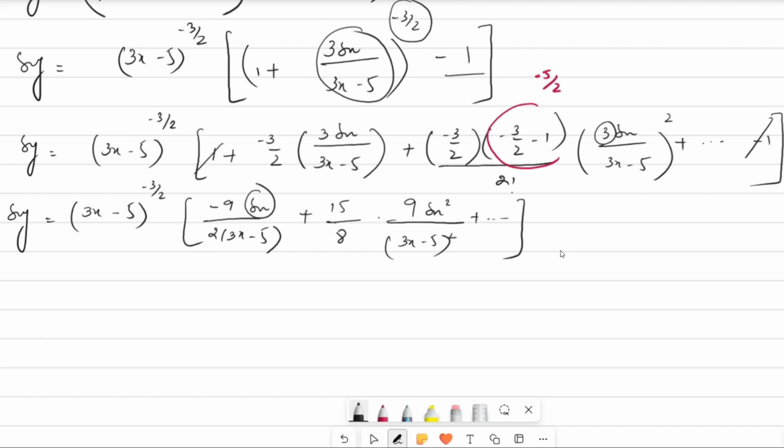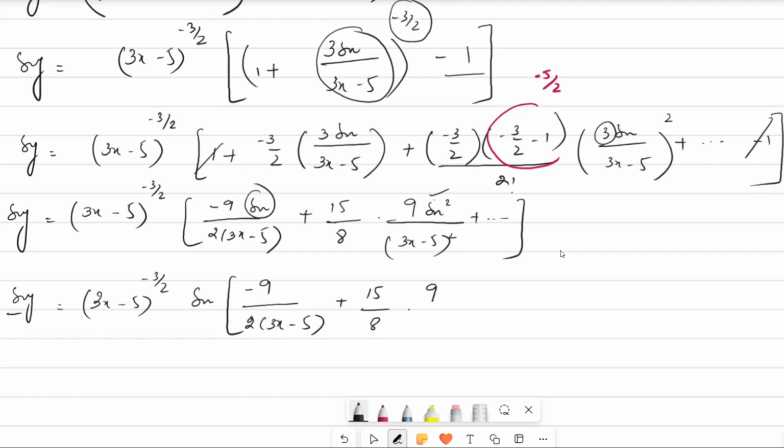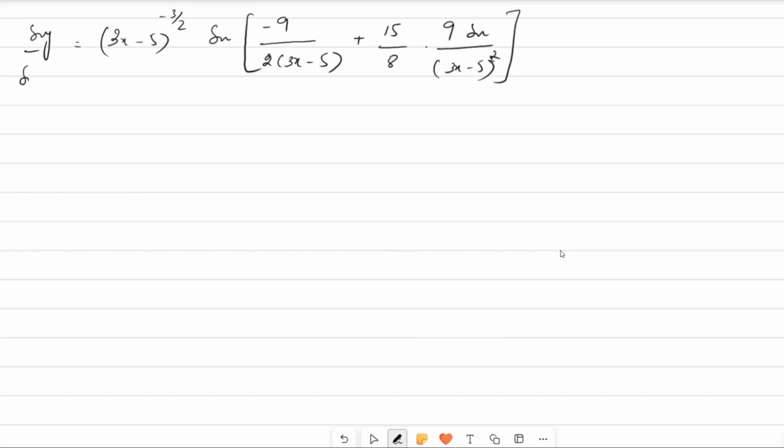Now if we take this delta x common, the remaining will be minus 9 upon 2 into (3x - 5) plus 15 upon 8 into 9 delta x by (3x - 5) whole square. So delta x is divided on both sides of the equation. So this will be cancelled and delta x approaches 0.